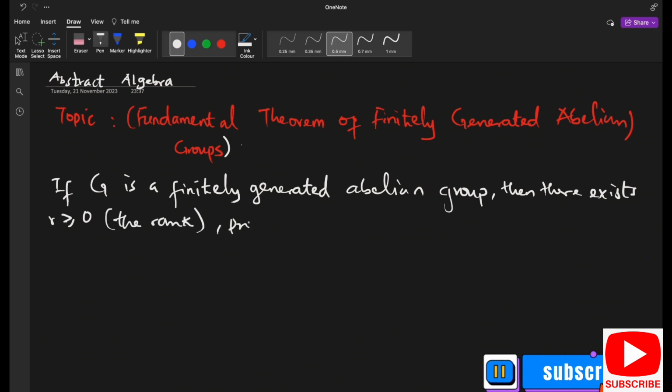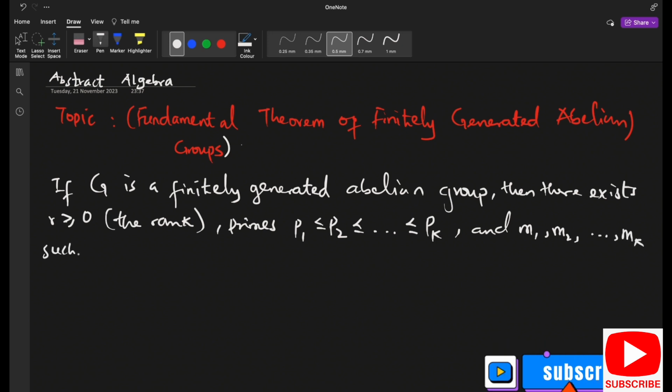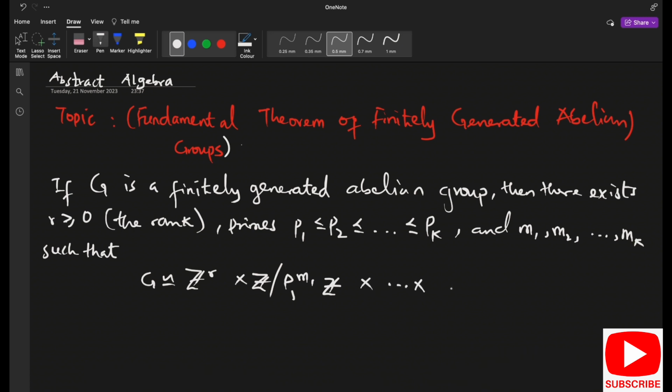And you also have the primes p1 less than or equal to p2, dot dot dot, less than or equal to pk, and m1, m2, dot dot dot, mk, such that G is isomorphic to Z^r times Z of p1^m1 times dot dot dot times Z of pk^mk.